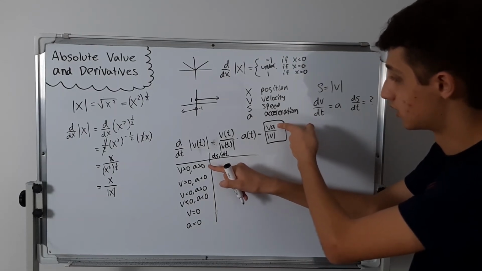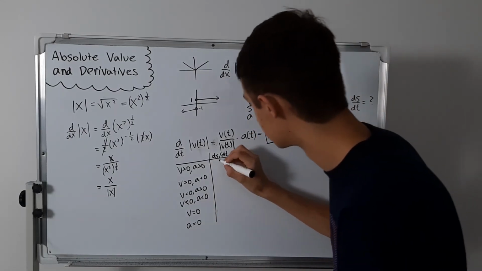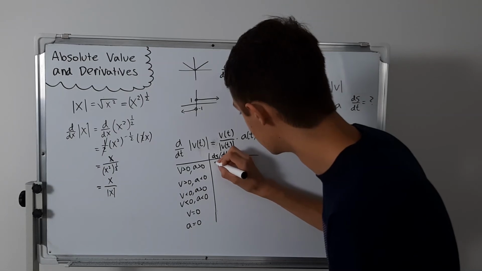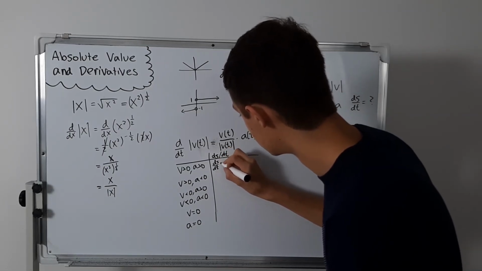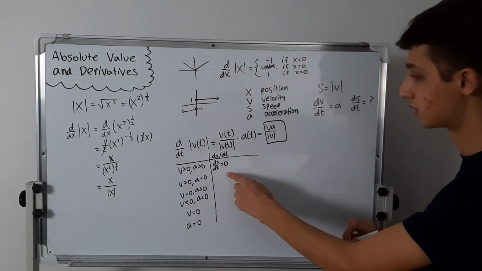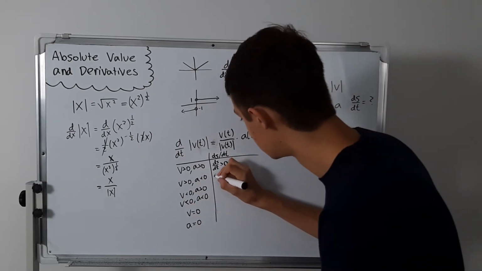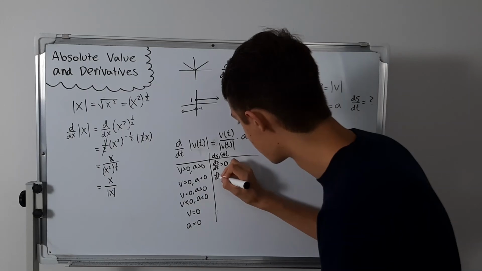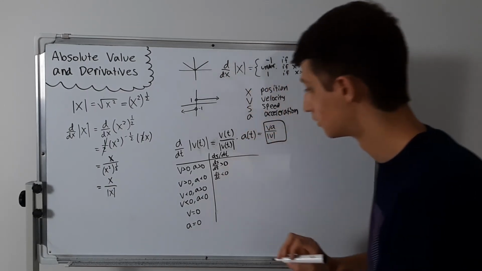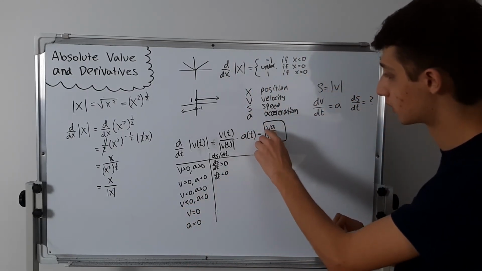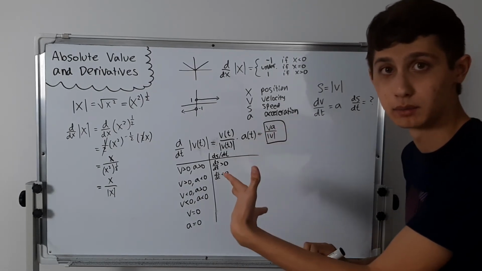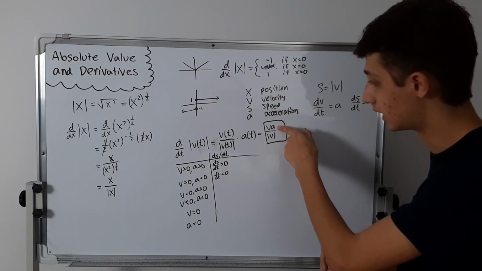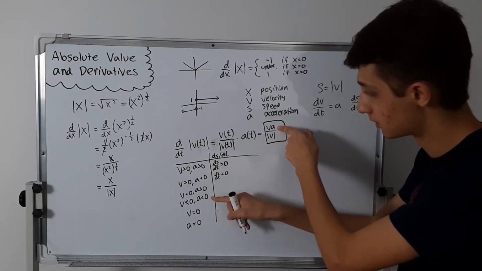If a is positive, this guy is going to be positive, so ds over dt is positive. For this guy, ds over dt is negative. For velocity is negative, remember, negative over absolute value of a negative is just negative 1, so we get negative a. So it's precisely going to be opposite of these.